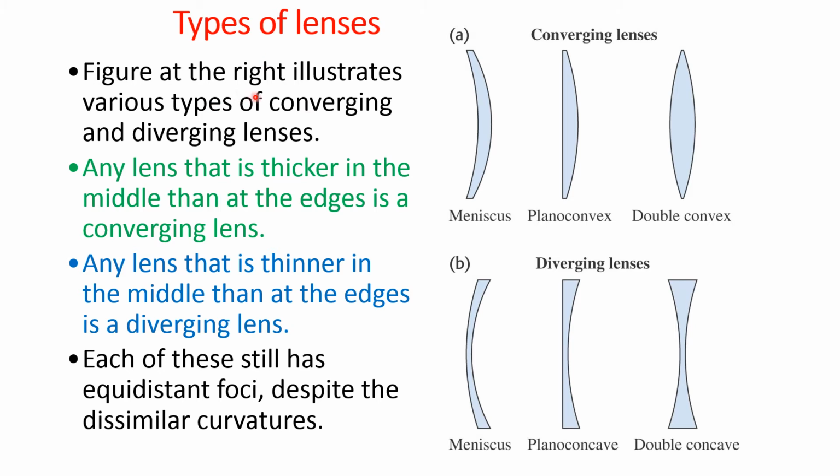There exist two types of lenses. There are what we call converging lenses, which may be meniscus, converging meniscus, plano convex, and double convex. The second type of lenses are diverging lenses, which have such shapes: meniscus, plano concave, and double concave.